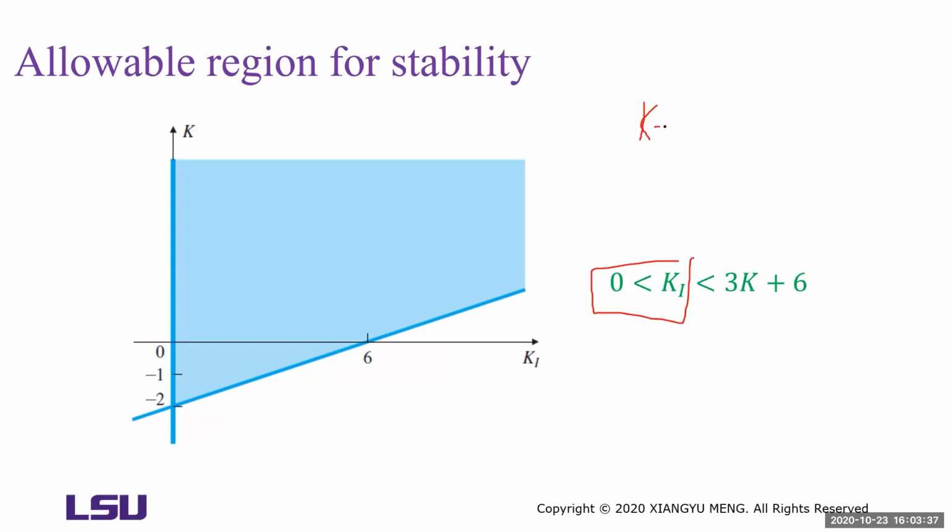The Ki equals 0. If we draw the K-Ki plane, Ki equal 0 is the y-axis. That's Ki is 0.